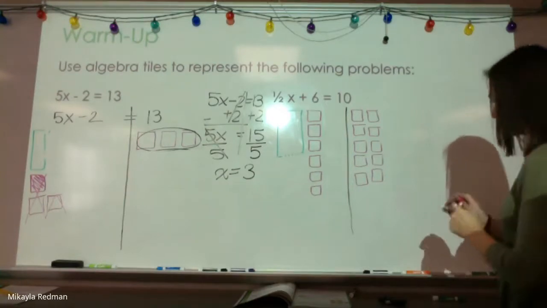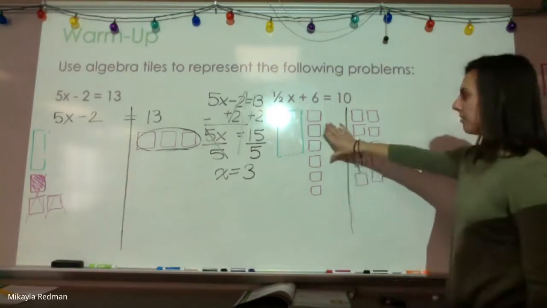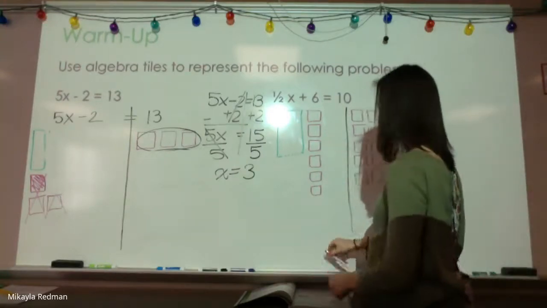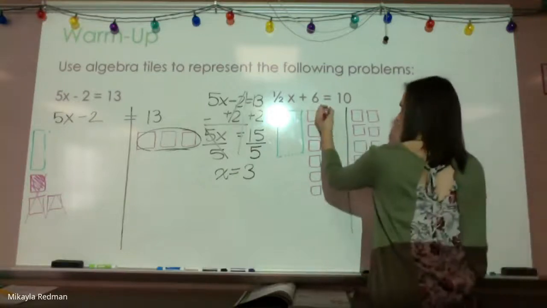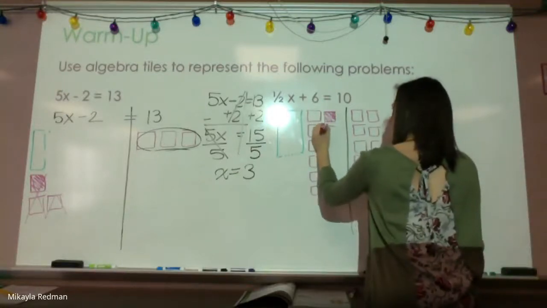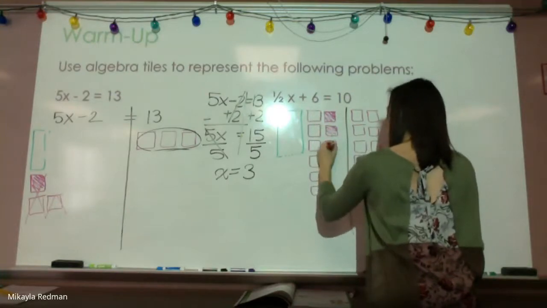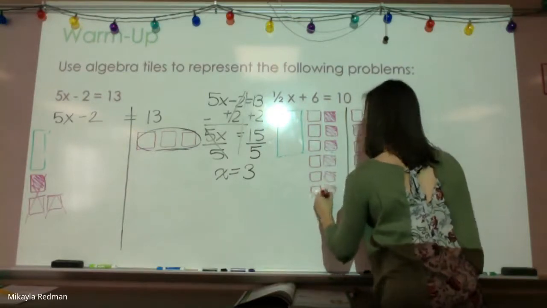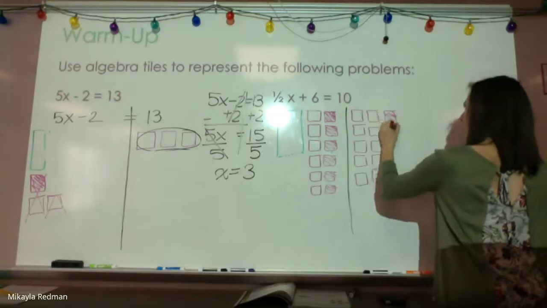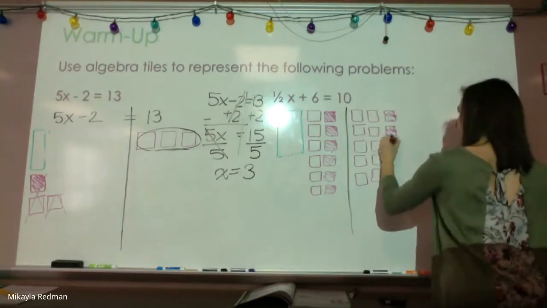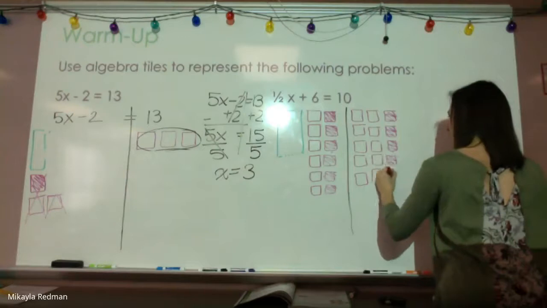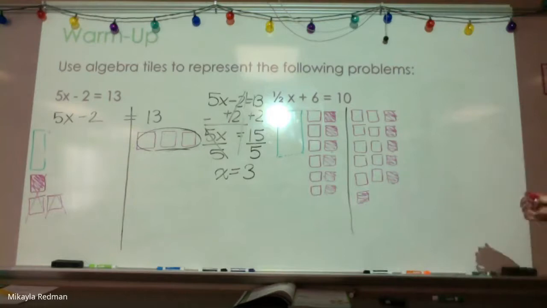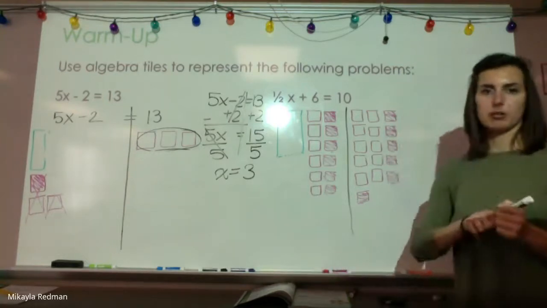Okay. So again, I have to get rid of these ones. So this time I have positives. In order to get rid of it, I have to add in 6 negatives. And whatever I do to one side, I have to do to the other as well. So now I'm going to see what forms our 0 pairs.